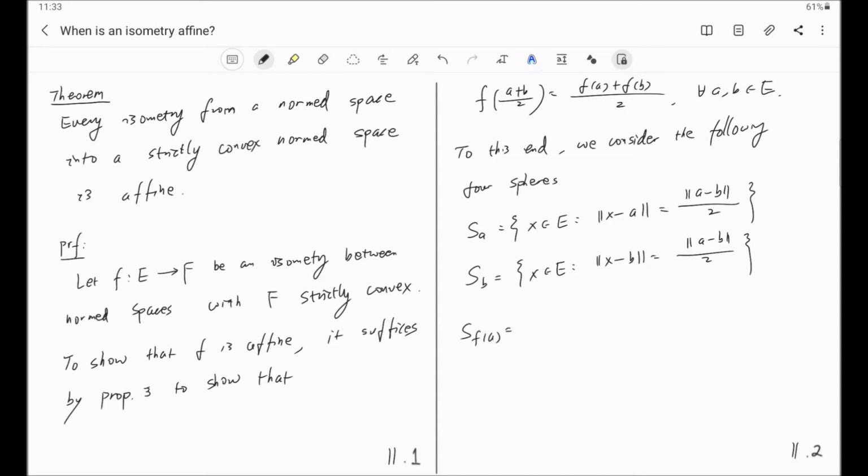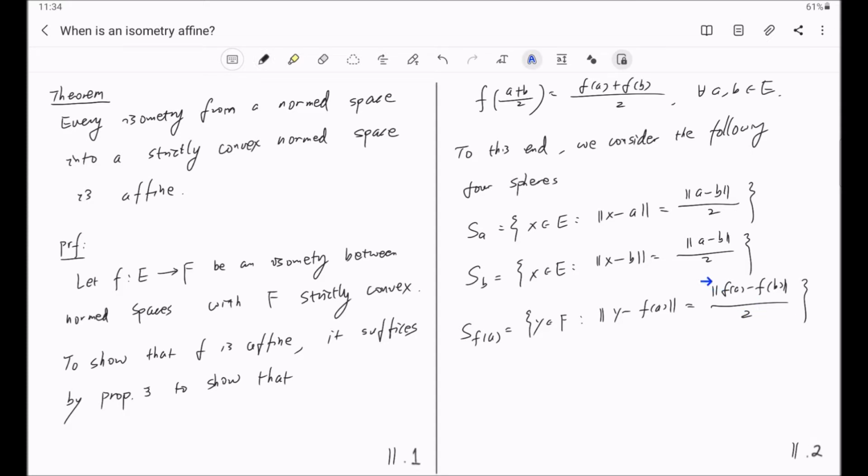there's S sub f(A) in F. Now let us use another letter Y to denote elements in it. This is a sphere centered at f(A) with radius norm of f(A) minus f(B) divided by 2.